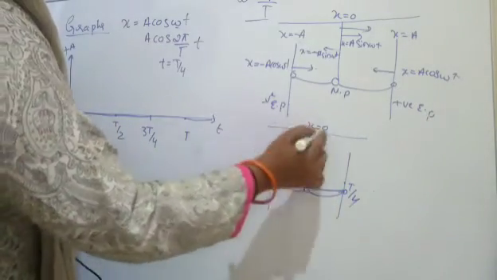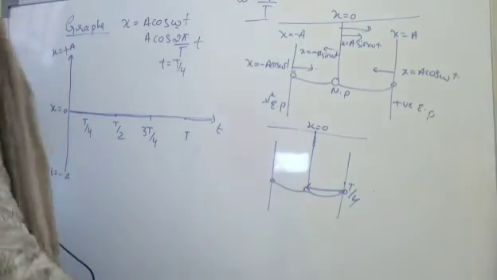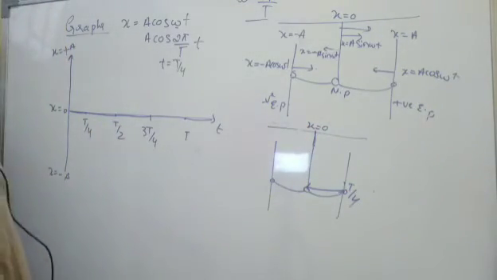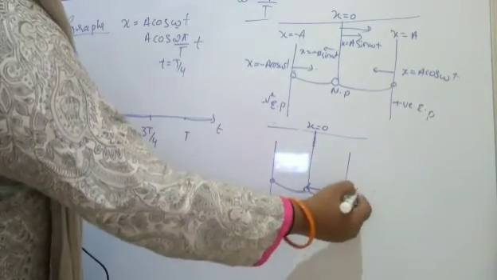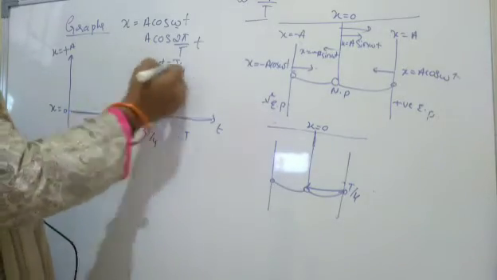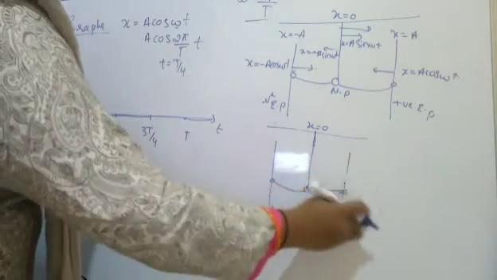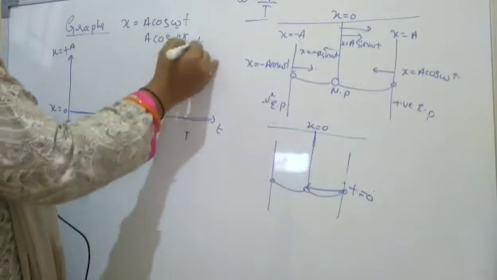But here t is not equal to 0. It is moving from the first part. So this is the T by 4. You can take t is equal to 0 also here. What you are getting? First we'll take it as 0 only.